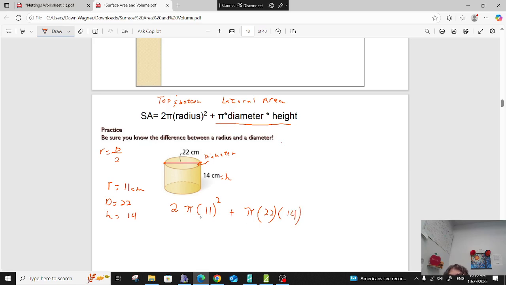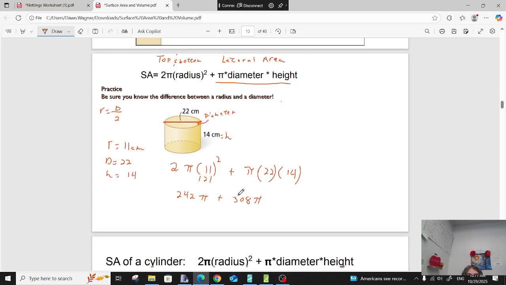So 11 times 11 is 121. And what's 121 times 2? 242, right? Pi plus what's 22 times 14? 308 pi. I'll scoot that up for you.